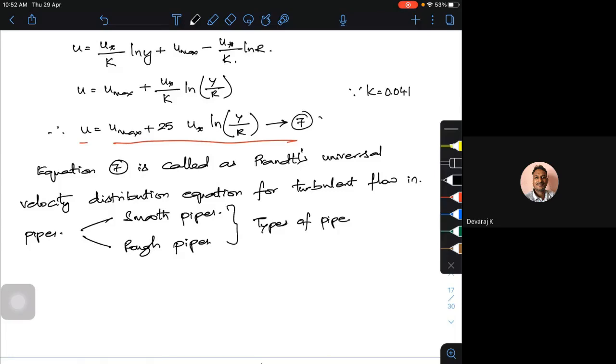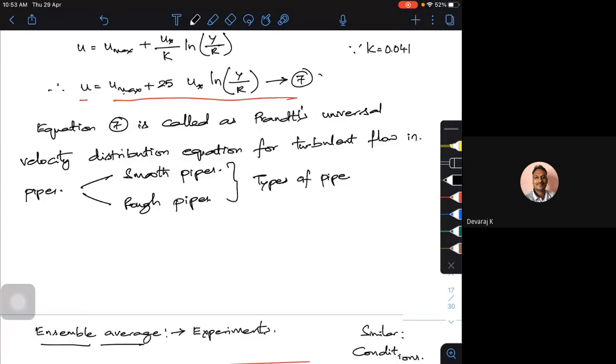This is also called the velocity defect. I can write this equation as u max minus u is equal to 25 u star into ln of r by y. You can also convert this natural log to base 10, and write it with respect to y by r or r by y.